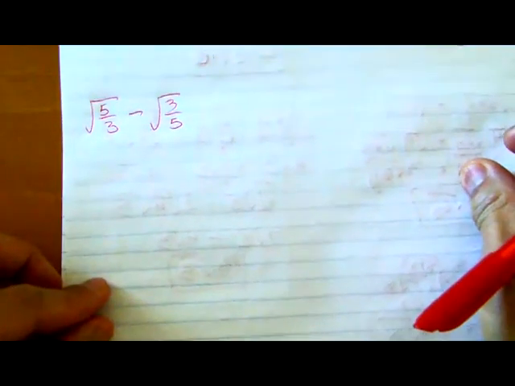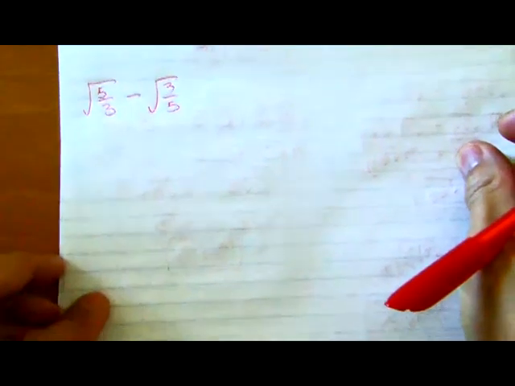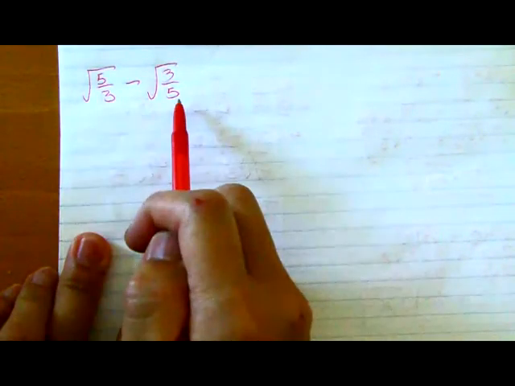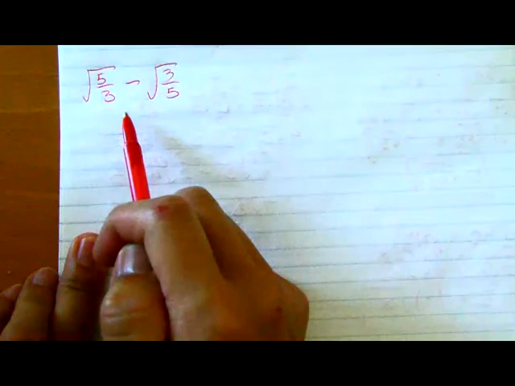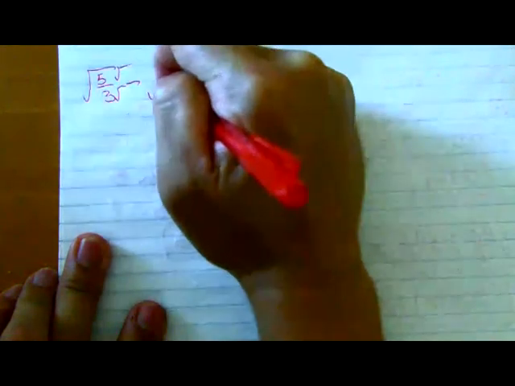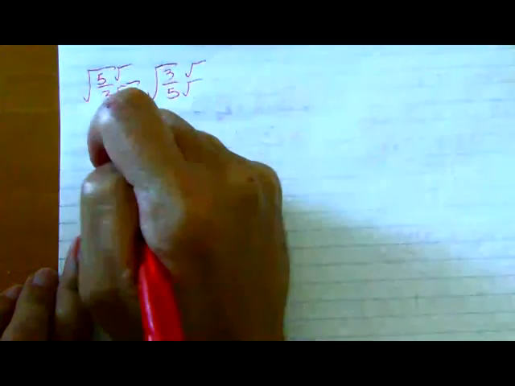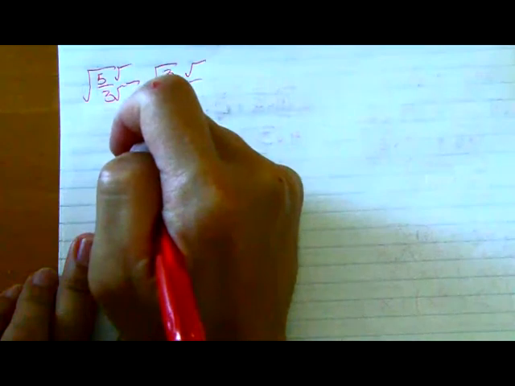Radical 5/3 minus radical 3/5. We can't have a radical in the denominator. We need to simplify. We need to rationalize the denominator. For this fraction, we can multiply top and bottom by radical 3.